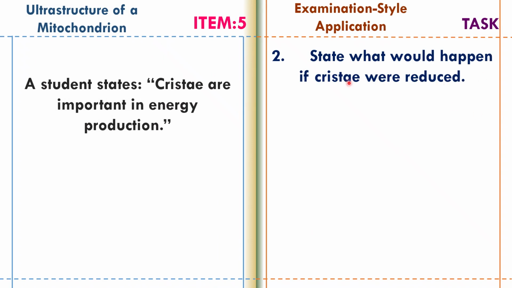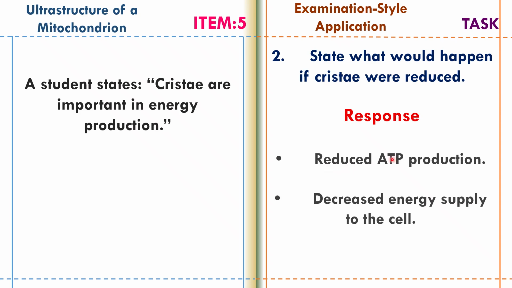State what would happen if cristae were removed. Reduced ATP production. There will be decreased energy supply to the cell.